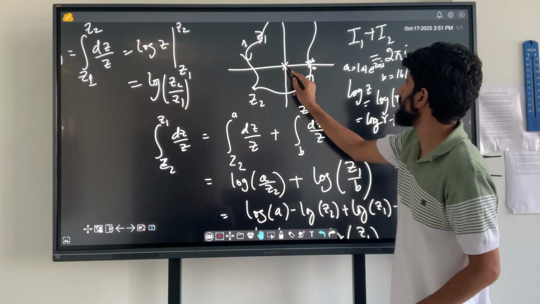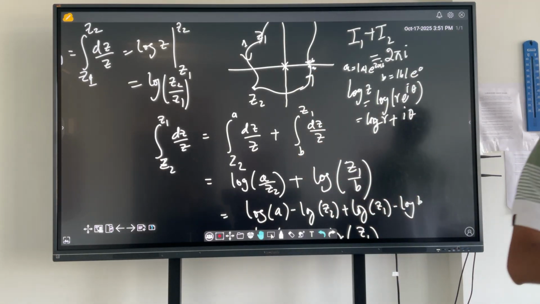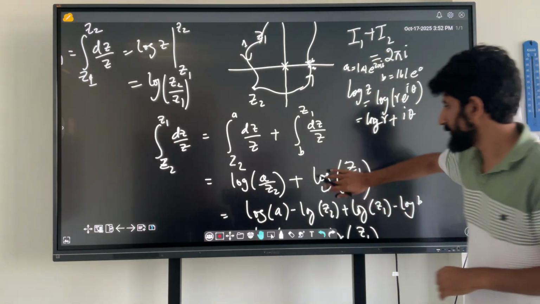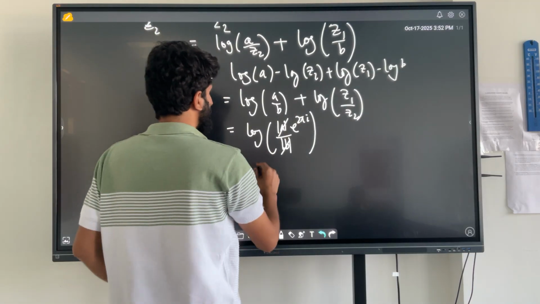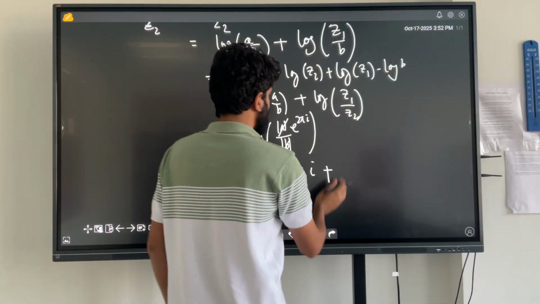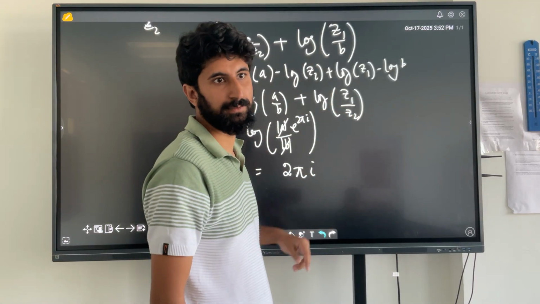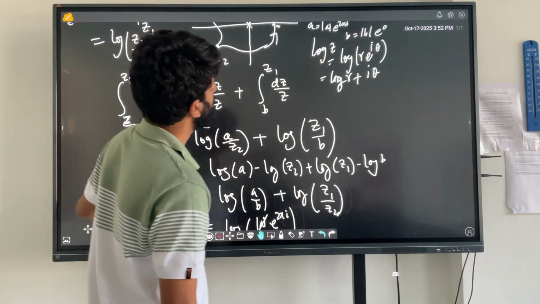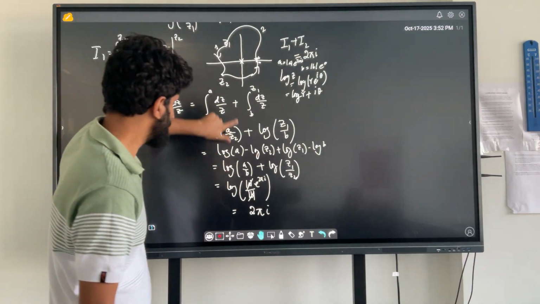In the limiting case they are the same. So this and this go. What do I get? Log e power 2 pi i, it's 2 pi i. Plus what is log z1 by z2? It's minus i theta 1.